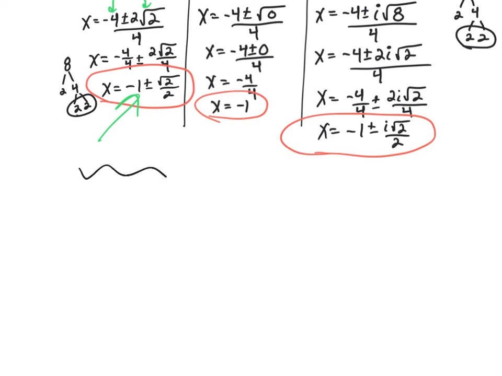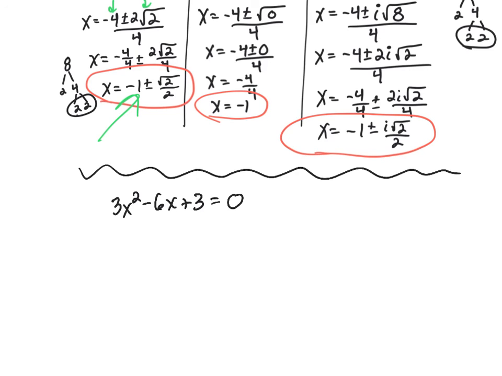So your problem is 3x squared minus 6x plus 3 is equal to 0. I want you to figure out what x is, which is what we solved for in all three of these problems up here. Okay, so I want you to figure out what x is, and I want you to put your answer in blank 1.